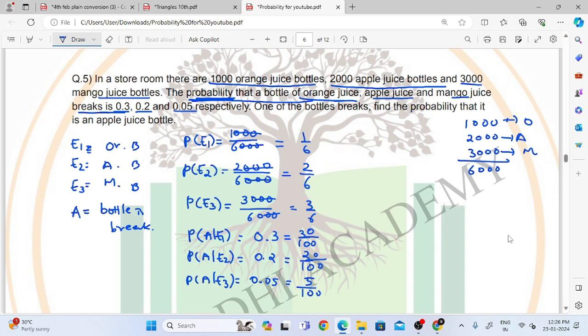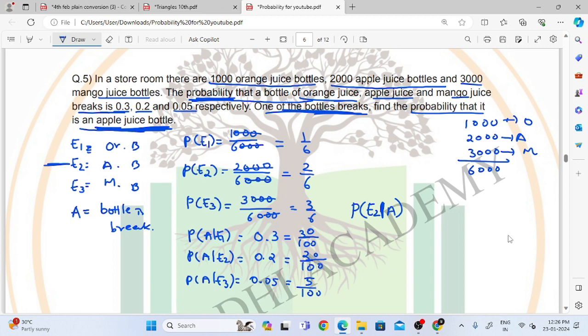So the question is the probability that it is an apple juice bottle. Apple juice is the second event. We have to find E2 given A. This vertical bar means given. The bottle is broken, so A is given, and the bottle is found to be apple juice.